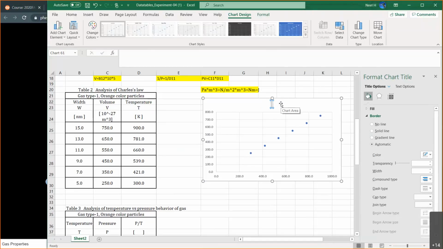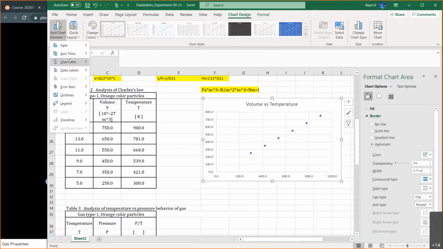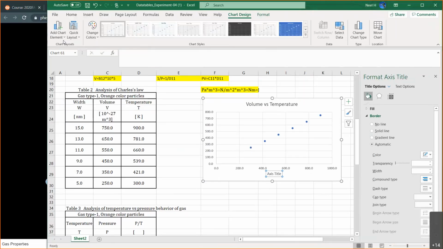This is going to be volume versus temperature, right? And I also need axis titles: on the left hand side at the very top, axis titles, primary horizontal and vertical. Now the horizontal is temperature, right?